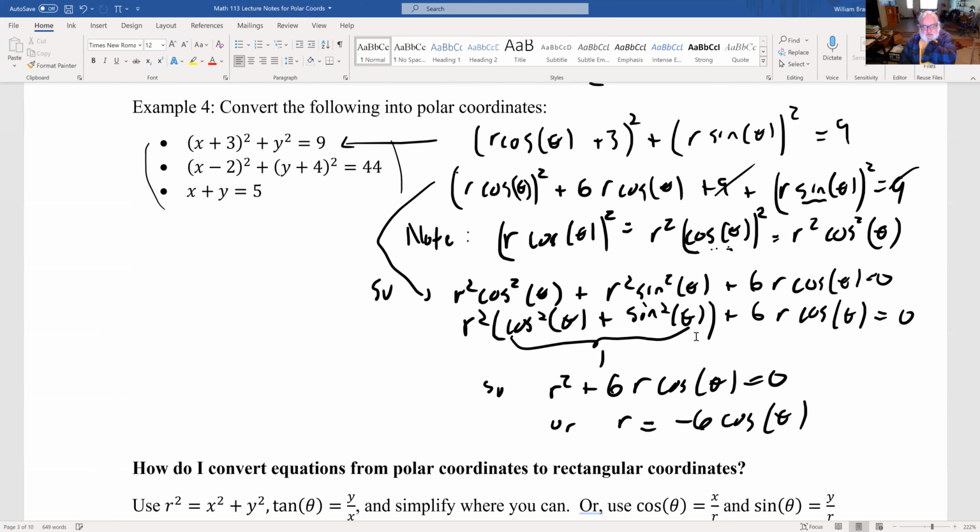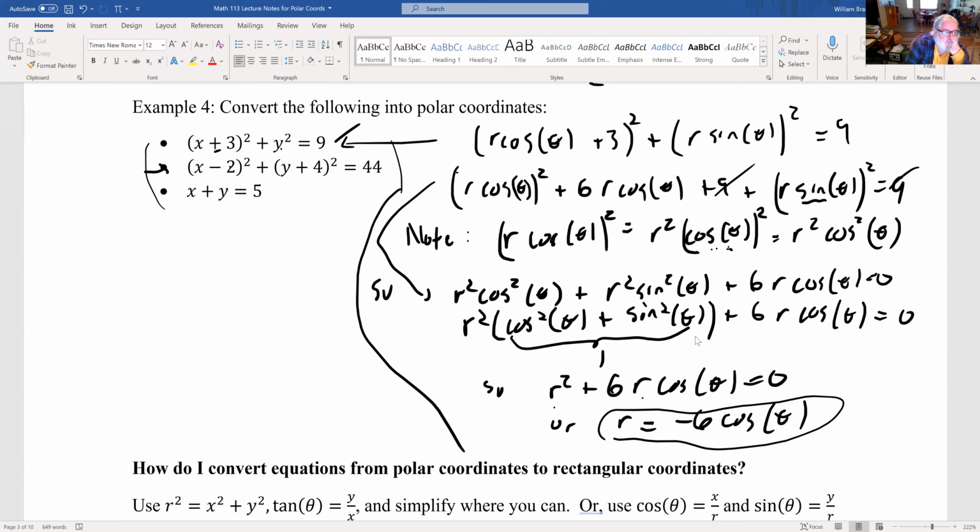So r equals minus 6 cosine theta, because you can cancel out the r's here, and then move the 6 cosine theta over to the right. And so that gives me a nice polar coordinate version of this. And this is a circle that's centered at minus 3, 0. Now this is a circle that's centered at 2, minus 4. So what does that one look like?